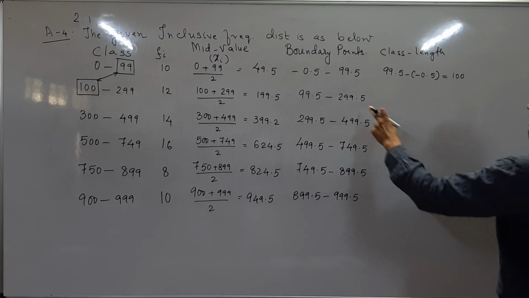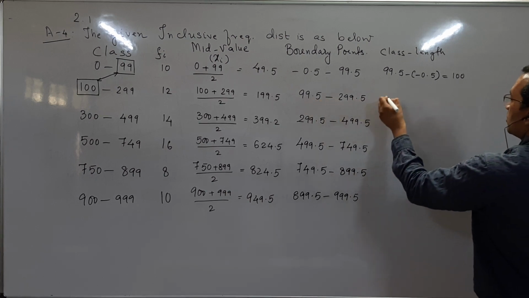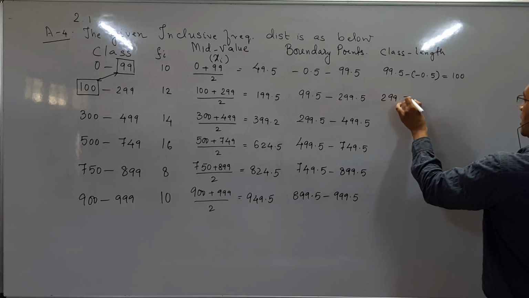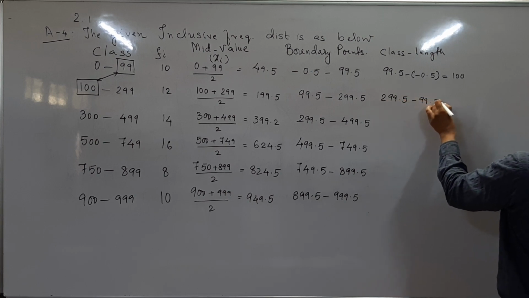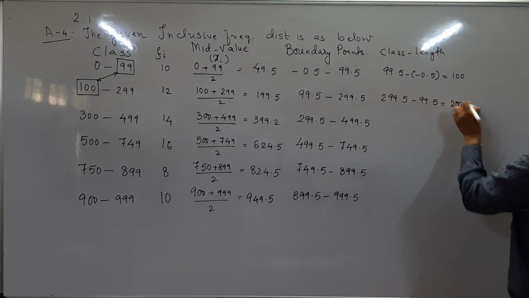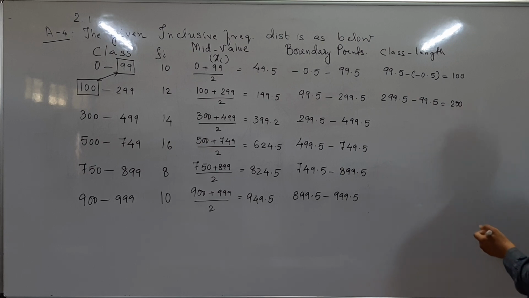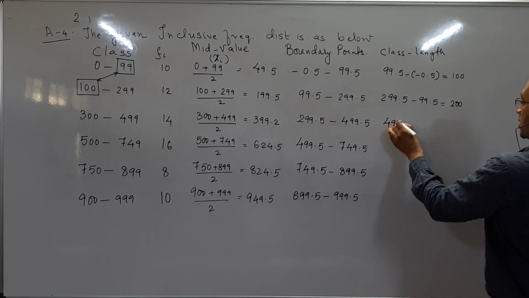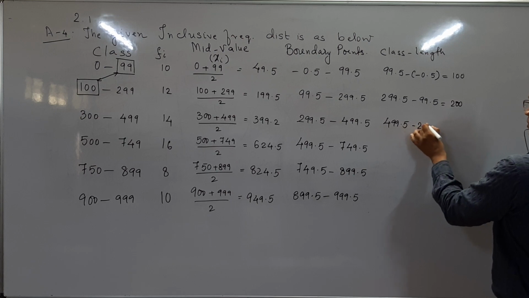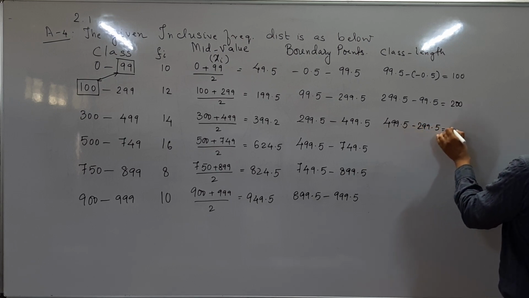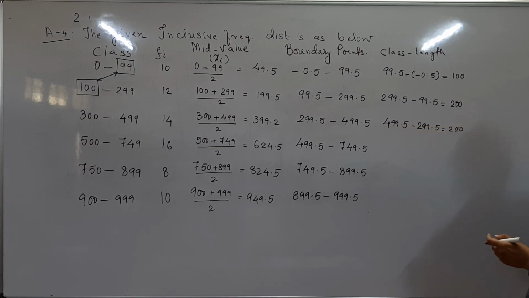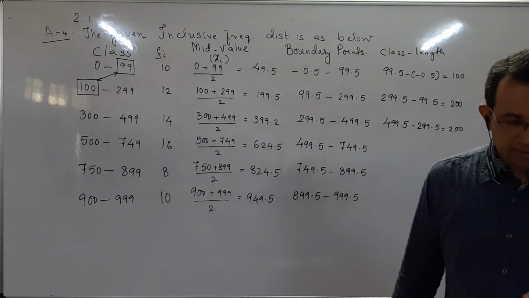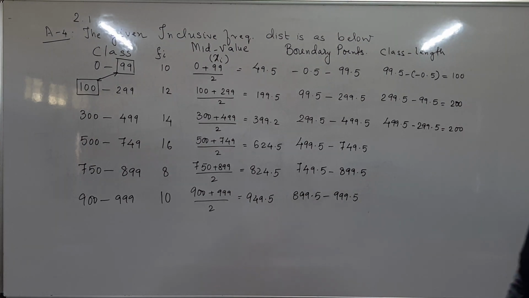Then upper boundary point minus lower boundary point, 299.5 minus 99.5, so 100. Then 499.5 minus 299.5, so definitely 200. So these are the corresponding class lengths.